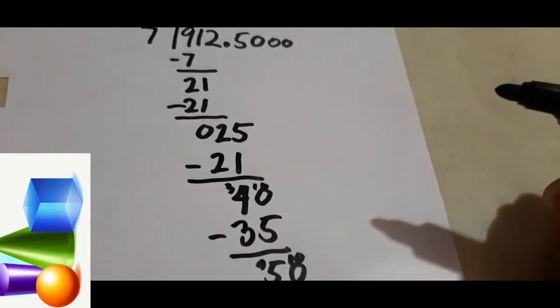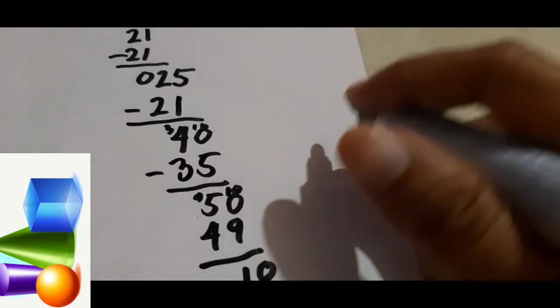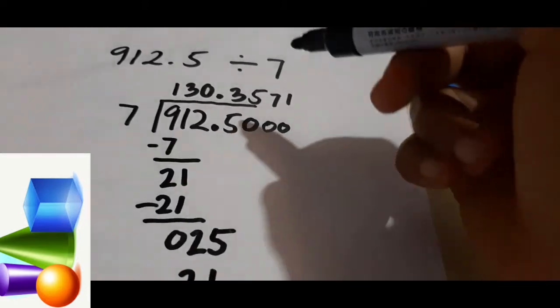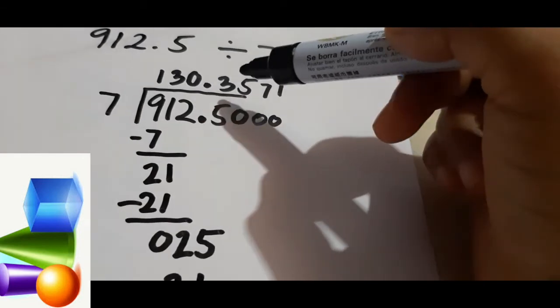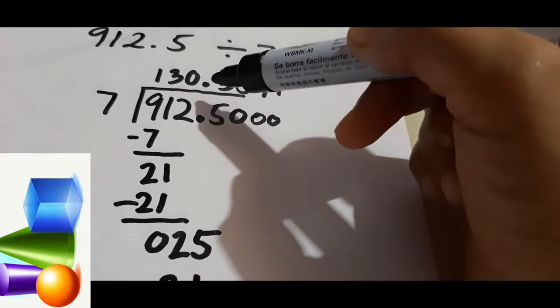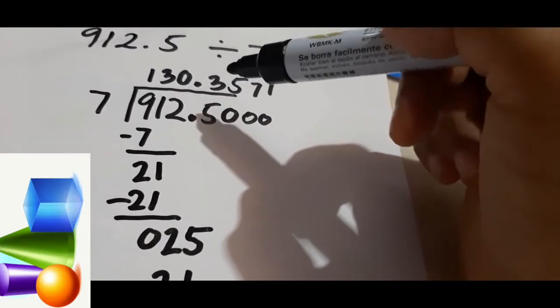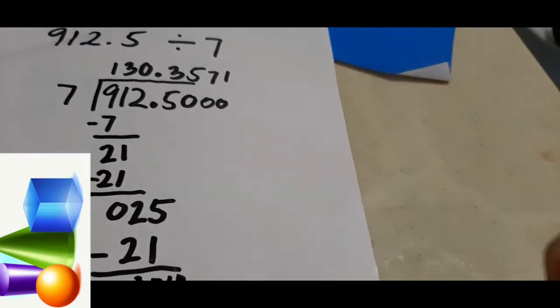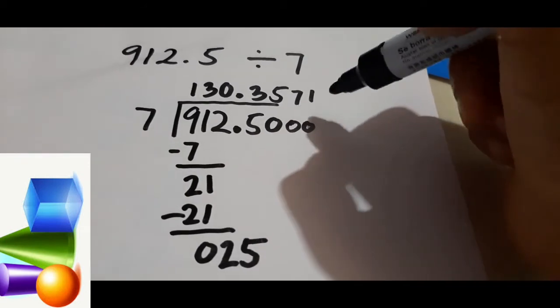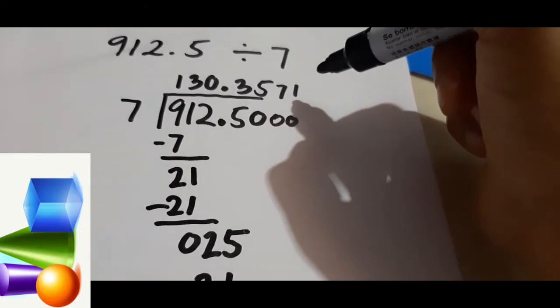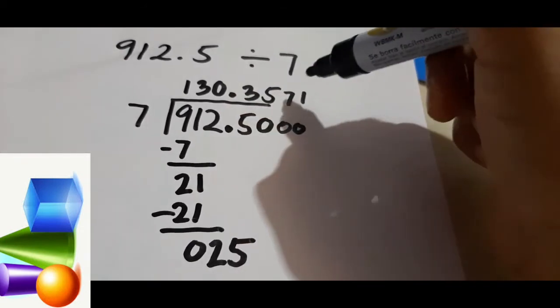And so on. Continue dividing. But you can stop right here at 2 digits after the decimal point. You can still continue, but it makes the process long. Here, this answer will be acceptable.